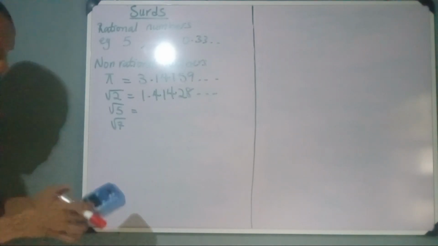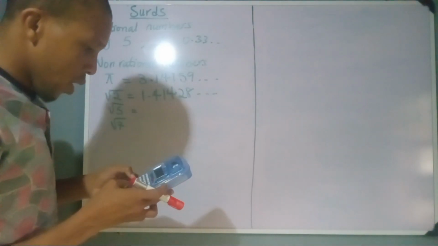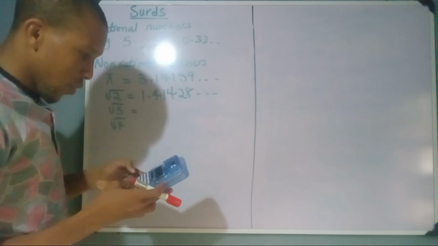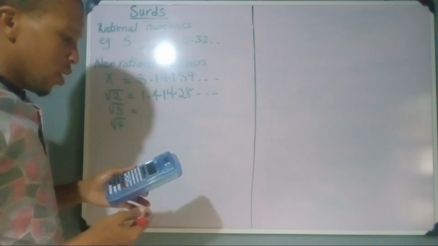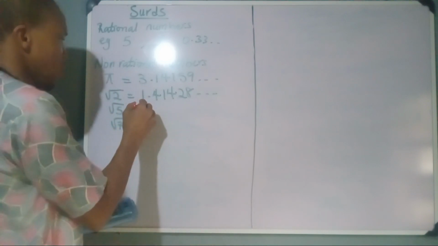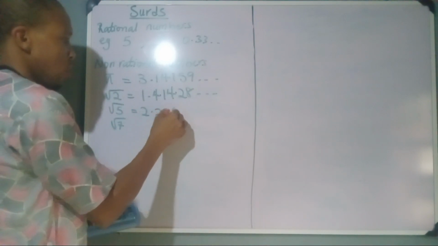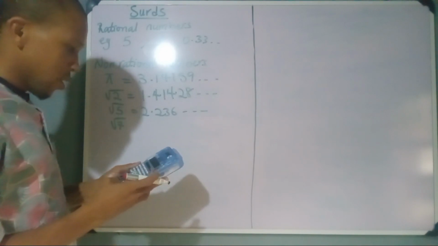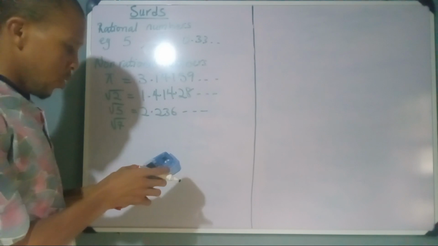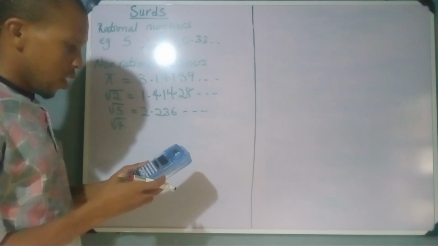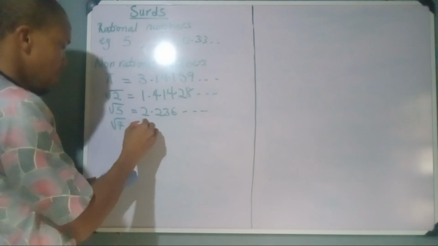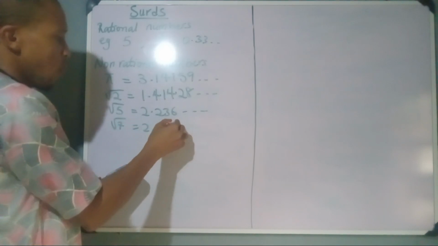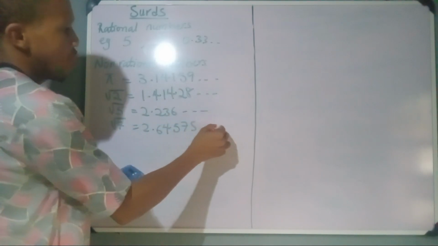Root 5, that's the square root of 5, will be 2.236 and so on. The same thing, the square root of 7, root 7, will be 2.64575 and so on.